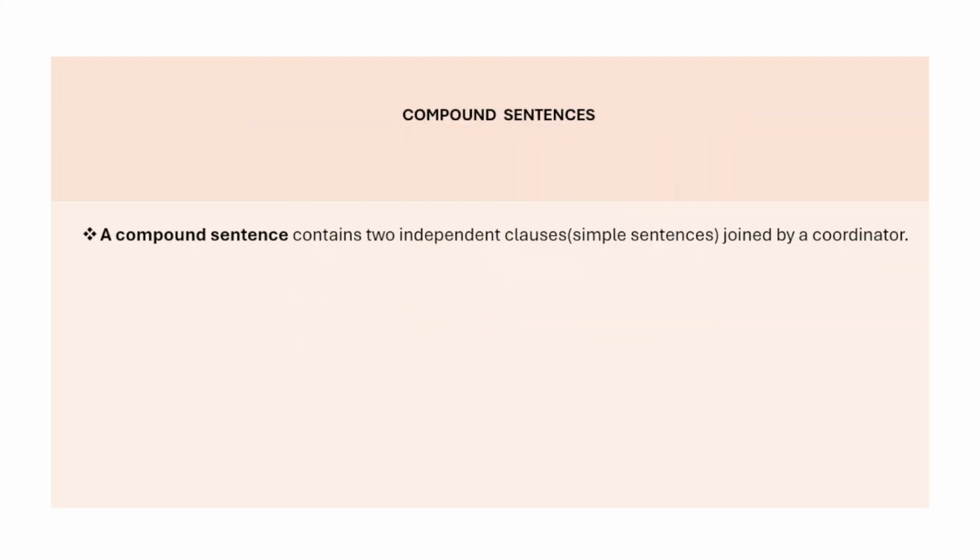Okay? Now, a compound sentence contains two independent clauses. In case you don't get it, a compound sentence has two simple sentences joined by a conjunction, but in this case, it's a different type of conjunction.